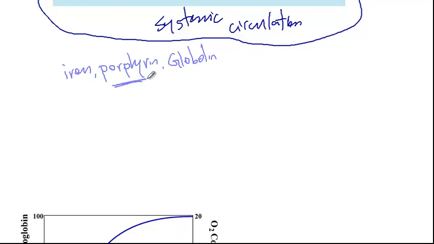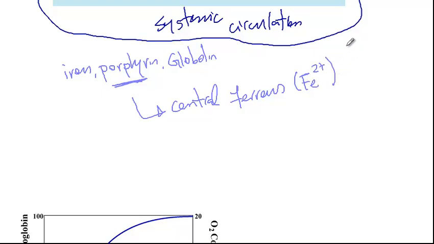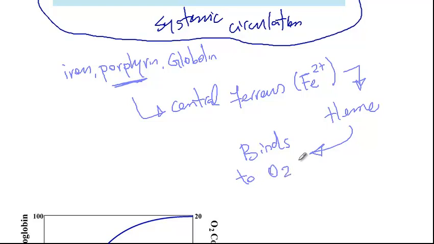Now this porphyrin ring has a central ferrous, which is Fe2+, atom that is referred to as a heme. And this heme can reversibly bind to oxygen.